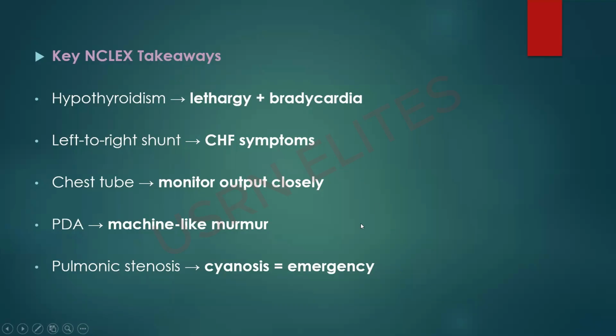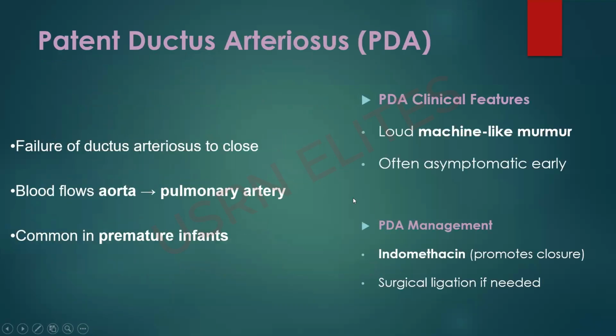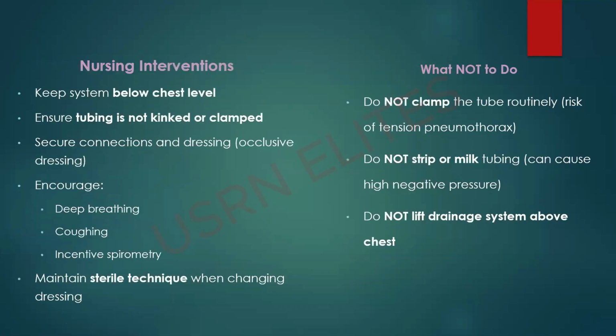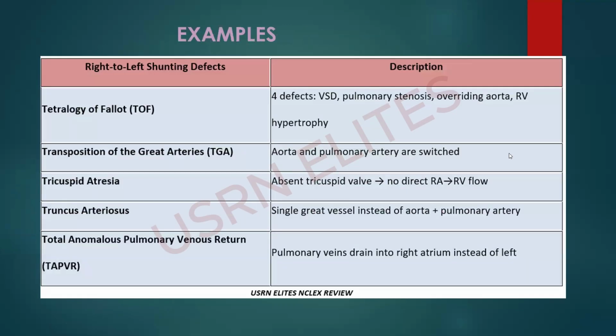Even if you forget the cyanotic congenital heart diseases, those that start with T, even if you can't keep any name in mind, if you see any congenital heart disease that starts with T, even if you don't know and you want to bet on it, take cyanotic congenital heart disease, because all the T's are cyanotic heart conditions.